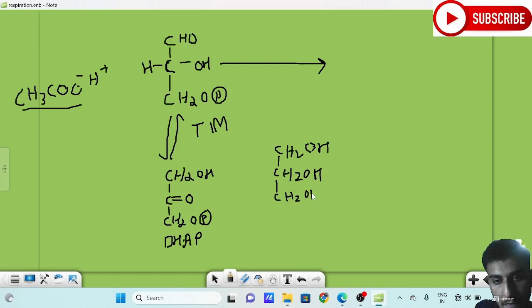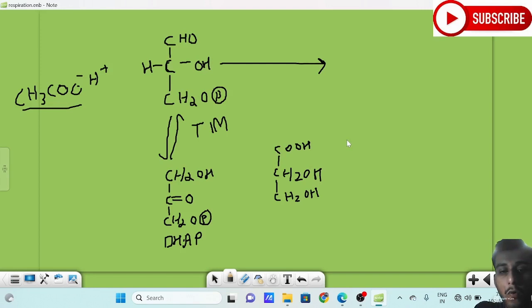In case of 1,3-BPG, it is a glyceric acid. So glycerol, when it is oxidized, can be turned into glyceraldehyde, which means CHO. This is the thing. Now further oxidation can create glyceric acid, which means COOH. This is known as glyceric acid or glycerate if it exists in the ionic form.